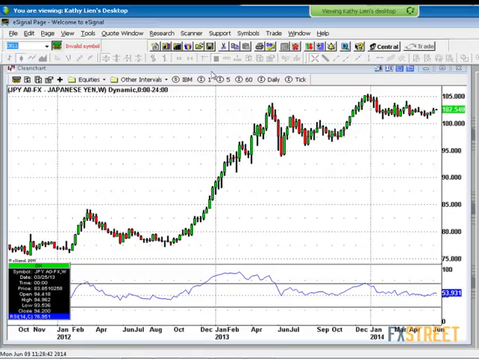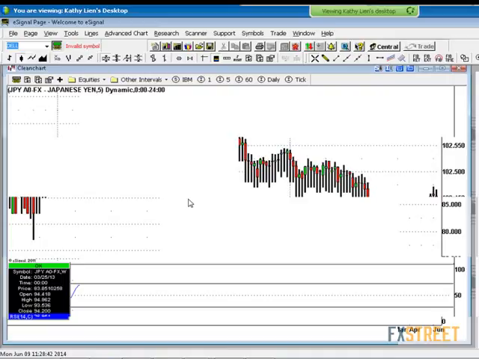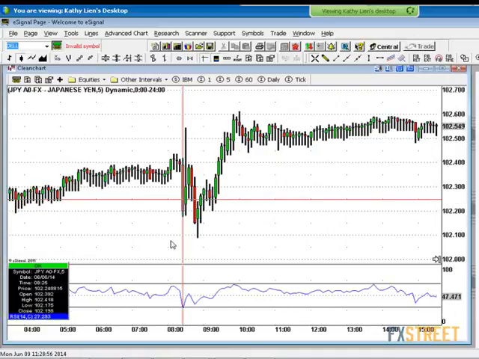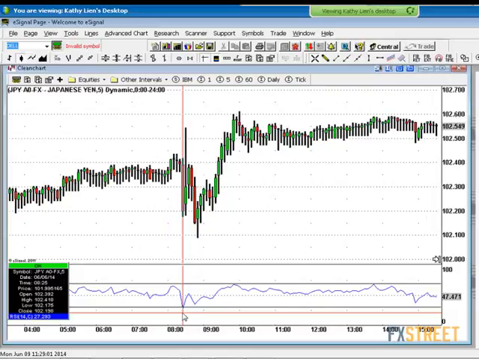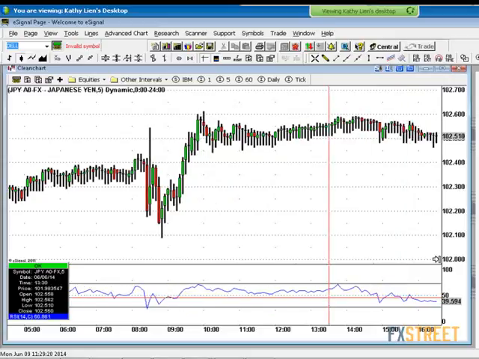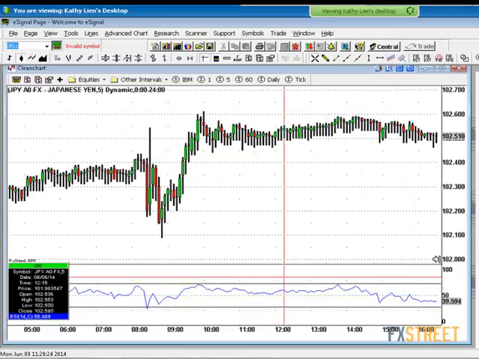If you take a look down here, the RSI actually moved below 30 pretty much right before the news candle. Between the news candle and the next 15 minutes, we really didn't have any movement whatsoever. And pretty much for the whole day, we didn't have any movement into overbought or oversold territory for the RSI. So there was no opportunity in the pound and dollar yen.